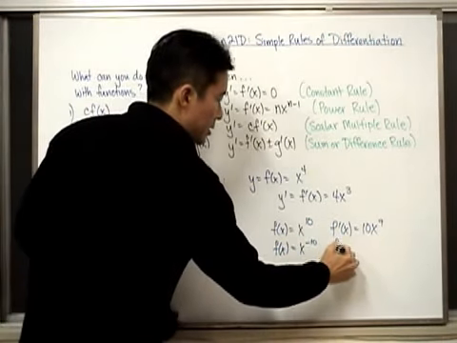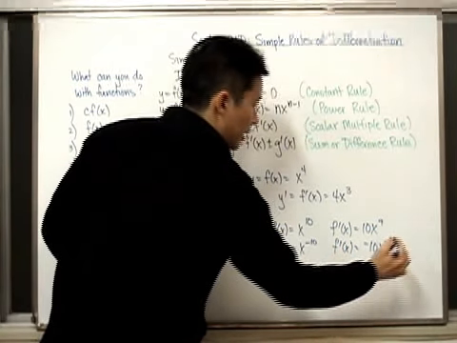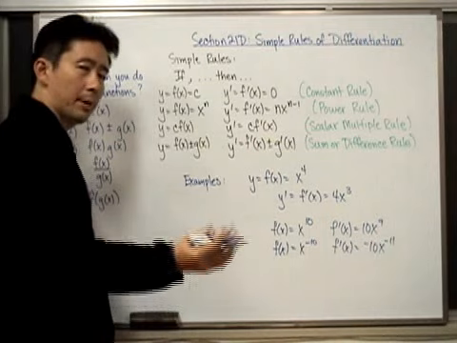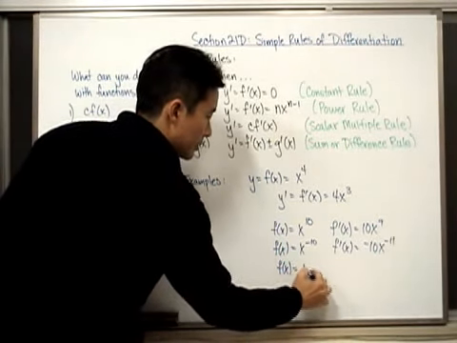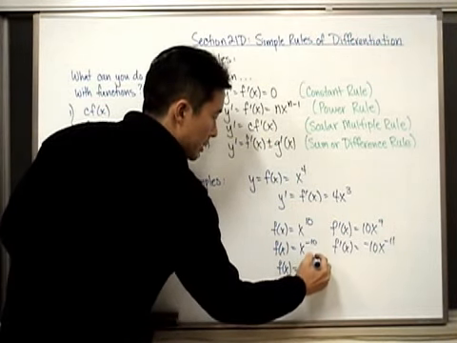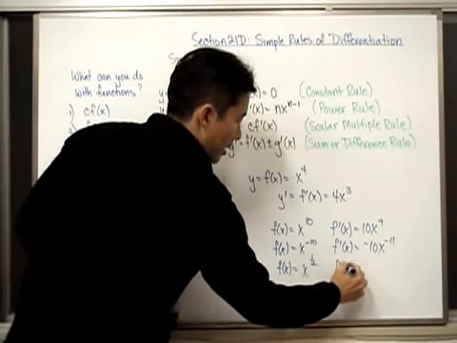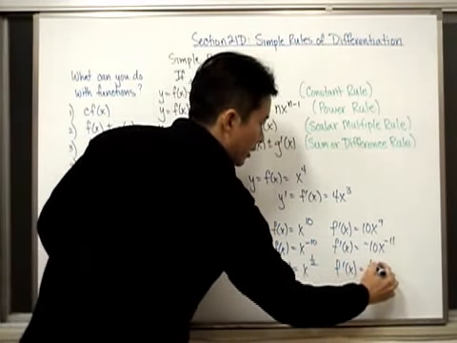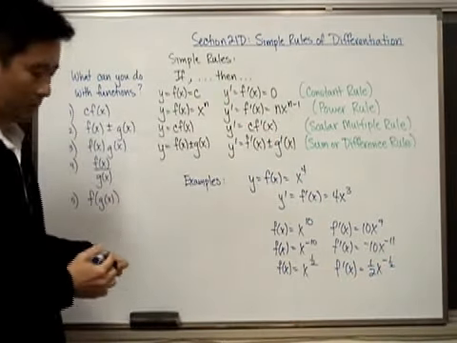Sure, it's the same procedure. f prime of x is equal to negative 10x to the negative 11th power. What about fractions? f of x is equal to x to the, let's say, 1/2 power. Well, that's just going to be f prime of x is equal to 1/2 x to the negative 1/2 power. And there you go.